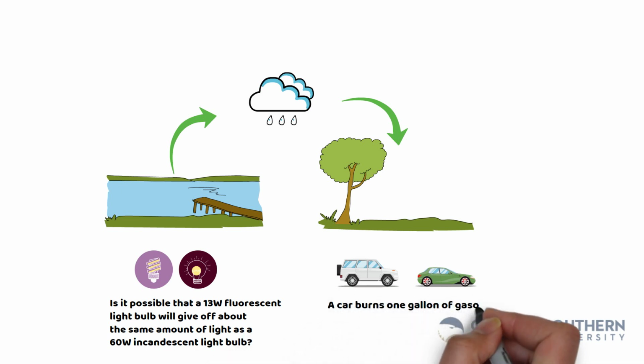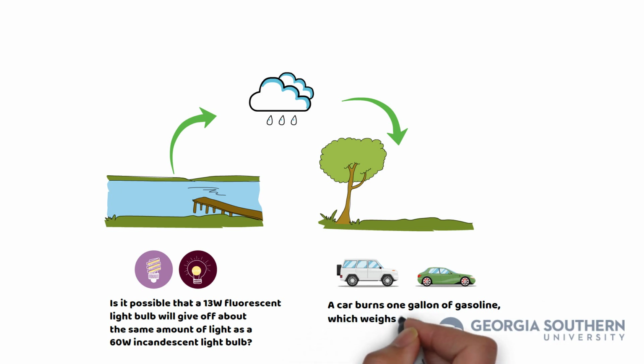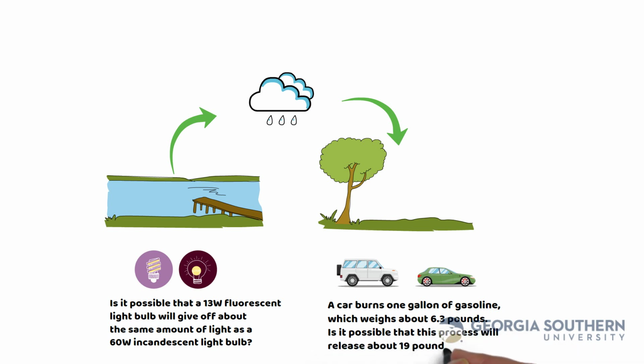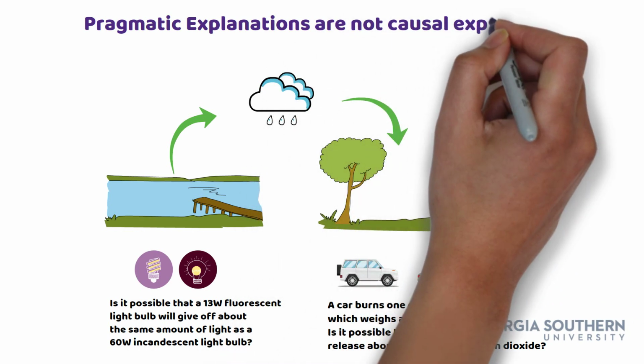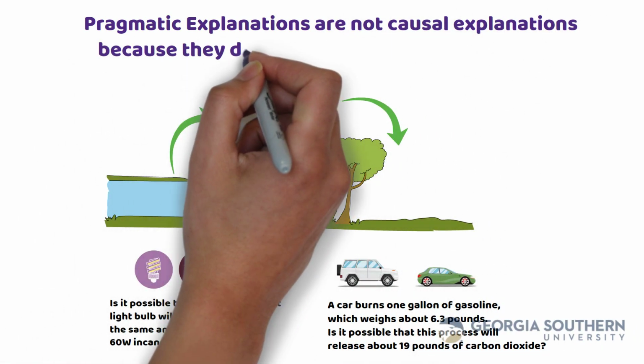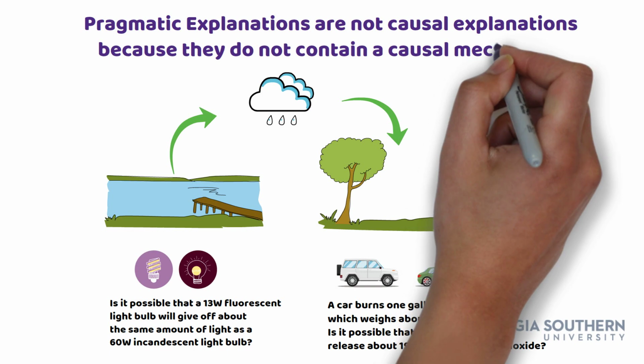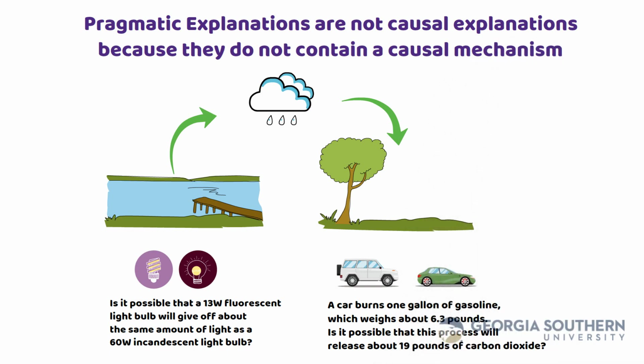A car burns 1 gallon of gasoline, which weighs about 6.3 pounds. Is it possible that this process will release about 19 pounds of carbon dioxide? To answer this question, students must reason about the mechanism, the combustion of gasoline. From these examples, we've learned that pragmatic explanations are rational, but they are not causal explanations because they do not contain a causal mechanism.